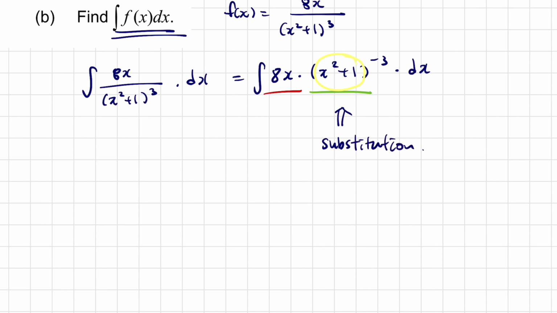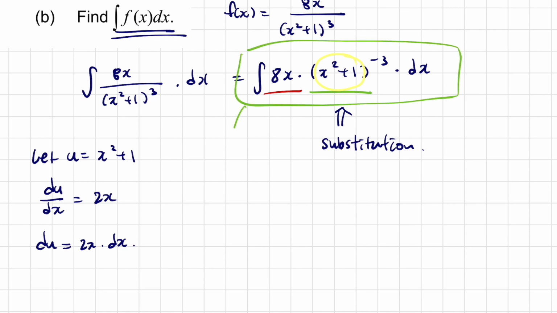Let's say u equals x squared plus 1. Then du over dx, when you differentiate u in terms of x, gives us 2x. Then we can say that du is equal to 2x times dx, right? Then let's try to rewrite this equation.